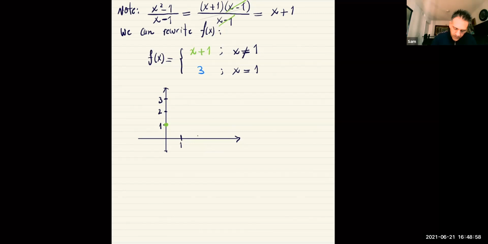You can pick another point on that line. You could pick 1 and plug it in, but we know the function is not defined at 1, so there shall be a hole. If I plug 1 here, I get 2, but there's going to be a hole right there. So (1, 2) is a hole.